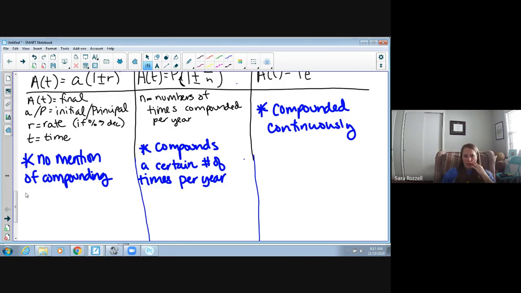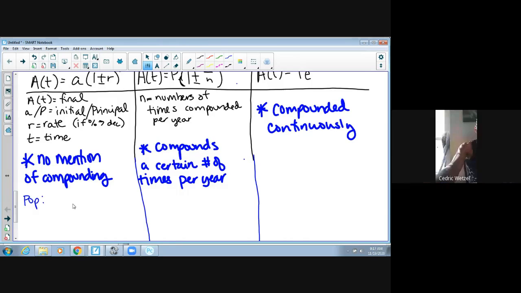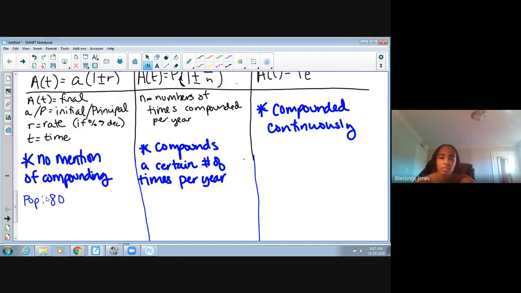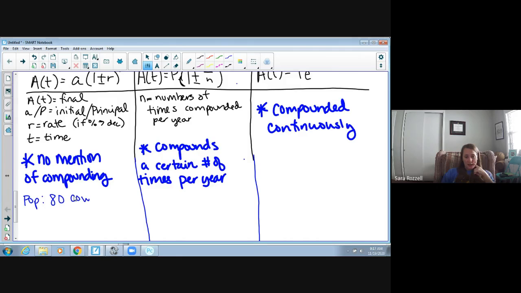So let's say that our population, someone tell me what our population is. 25? 55? 25 plus 55 makes 80. Okay, so our population is 80. 80 what? 80 squirrels, 80 fish, 80 birds? 80 cows. So we got 80 cows.